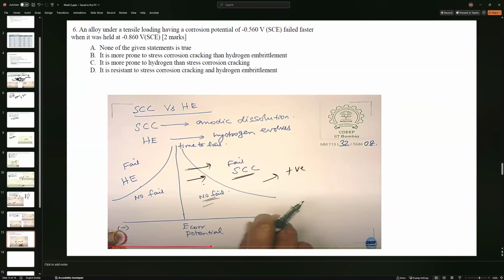So time to fail is decreasing, moving to negative. Then it's hydrogen embrittlement. Since E corr here is minus 0.56, and we are going to some point over here, minus 0.86, and it's failing faster, you're in this region, so it's hydrogen embrittlement. It's very prone to hydrogen embrittlement.